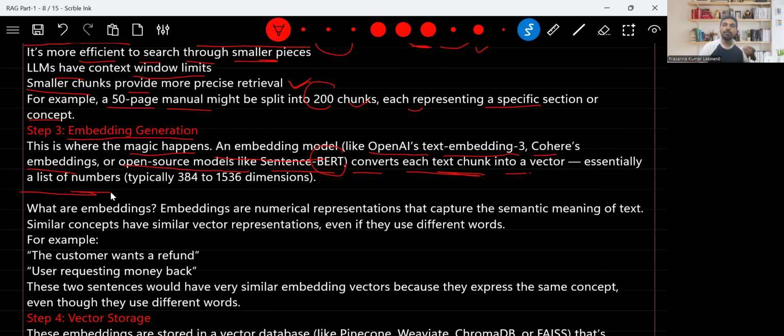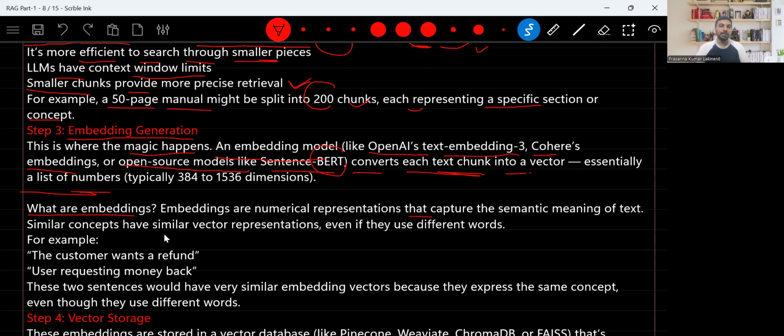Every word will be converted into an embedding called a vector. So the entire natural language processing deals with vectors. That means every word will be converted into a numerical value. Embeddings are numerical representations that capture the semantic meaning of text and similarity of concepts, and we can keep the similar vectors in one place.